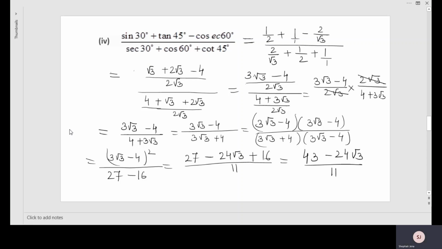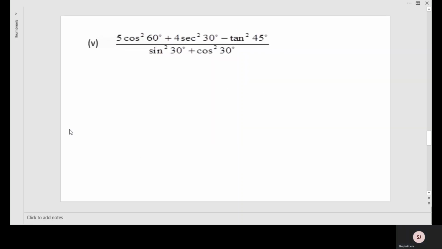Okay, now the fifth question: 5 cos square 60 degree plus 4 sec square 30 degree minus tan square 45 degree, divided by sin square 30 degree plus cos square 30 degree. So we should write it like that: 5 cos 60 degree whole square, plus 4 sec 30 degree whole square, minus tan 45 degree whole square.